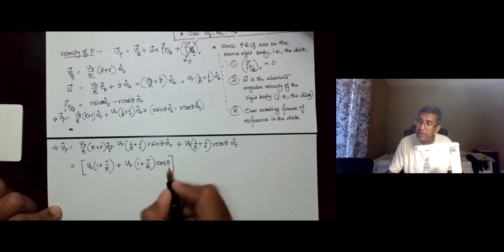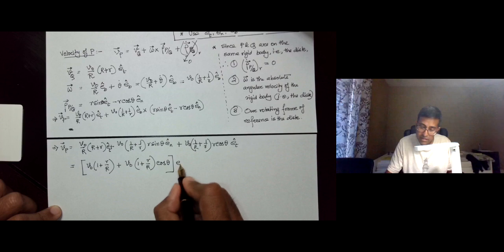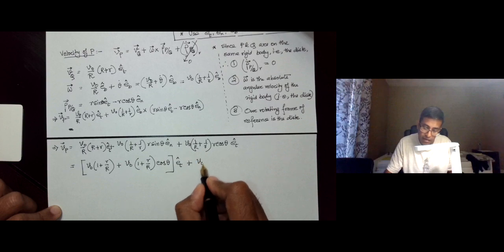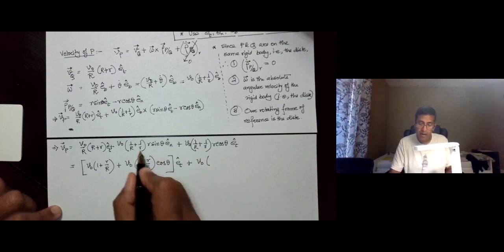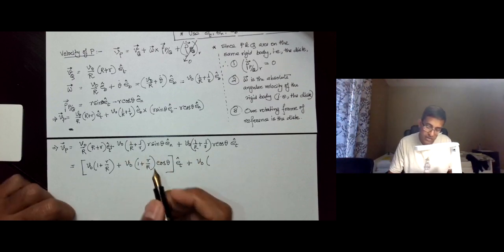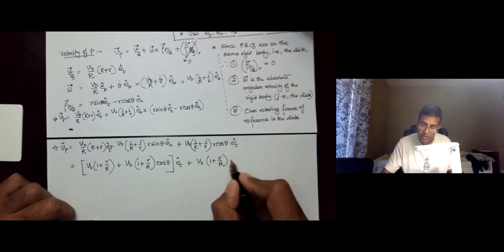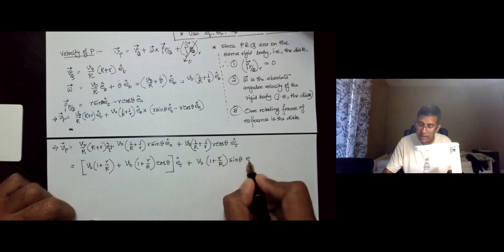This is going to be in the ET direction, and in the EN direction we are going to have again V0, factoring out this r from inside the parentheses, 1 plus small r over capital R, sine theta En.